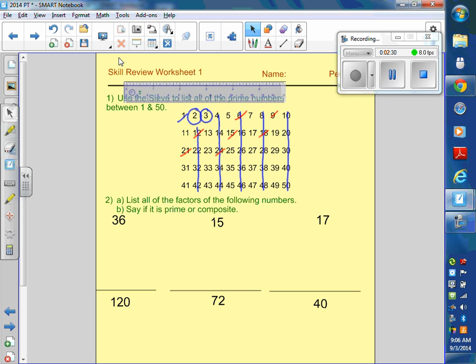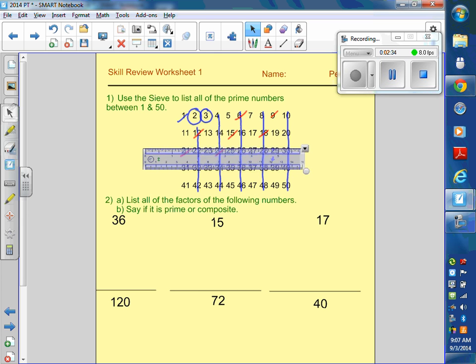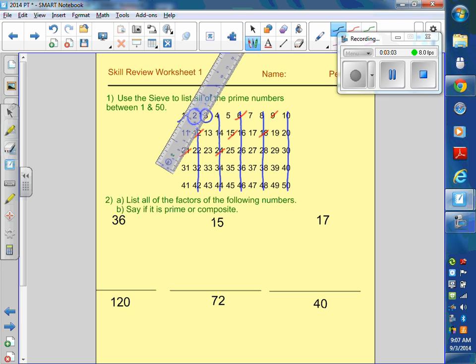If you take a nice straight edge, and we have them in the back of the room, you can line them up to get rid of those diagonals, because that would help you be really organized, right? It's a little hard to use my particular ruler. I can't get it to rotate. Come on. There it goes. See how I can cancel out these multiples of 3 right on the diagonal?